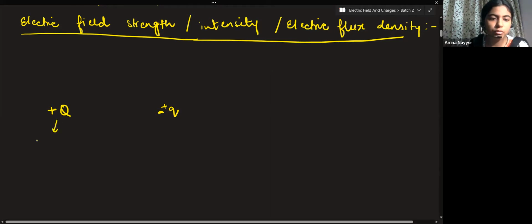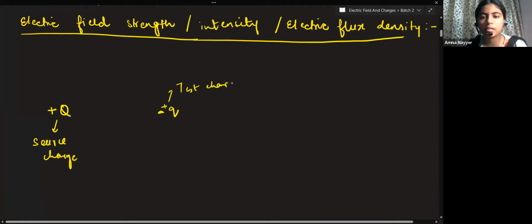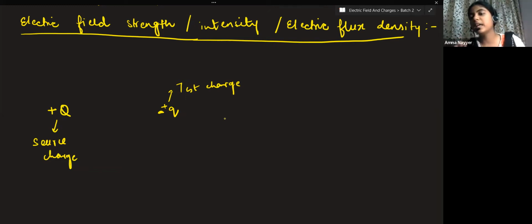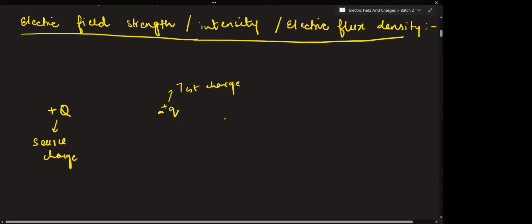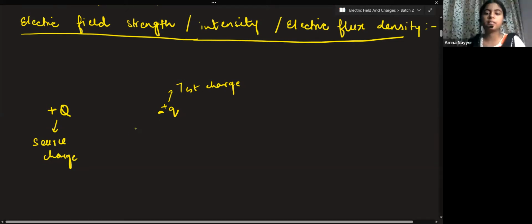Again, naming just for your confusion, this is your source charge, this is your test charge. Tell me one thing, if small q is brought near this capital Q, will small q experience any kind of force or not? Yes, ma'am. It will experience force.